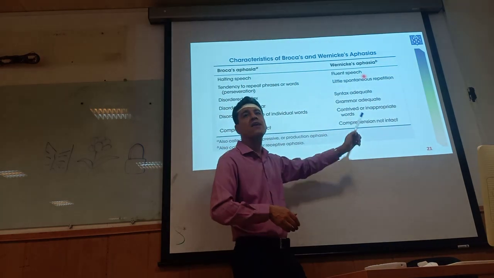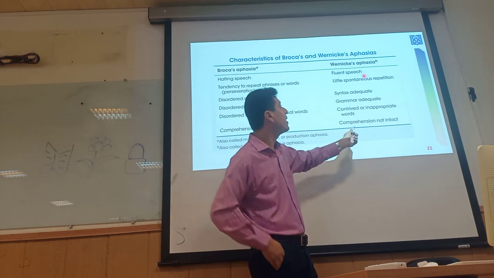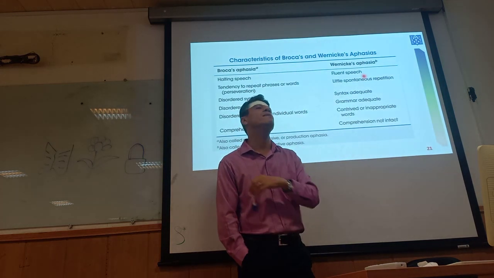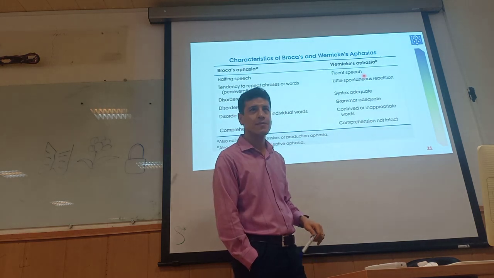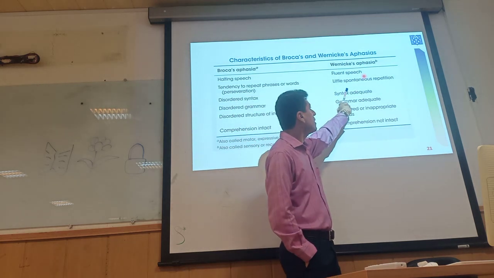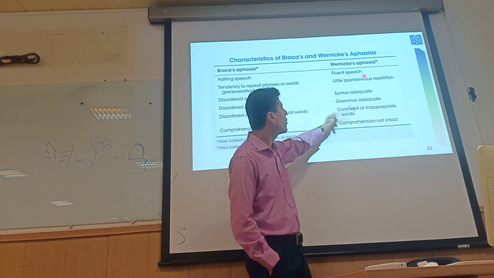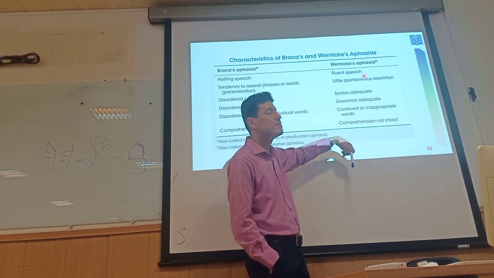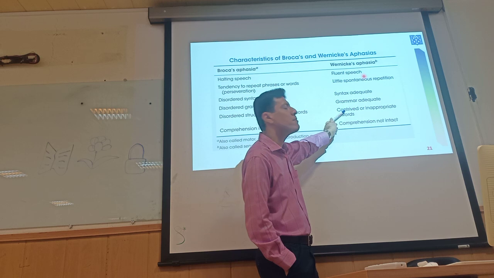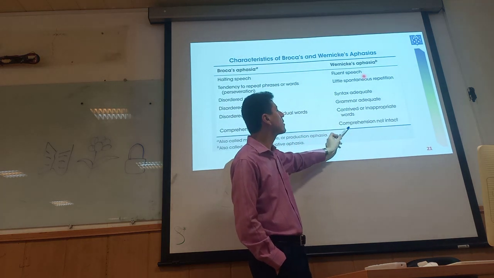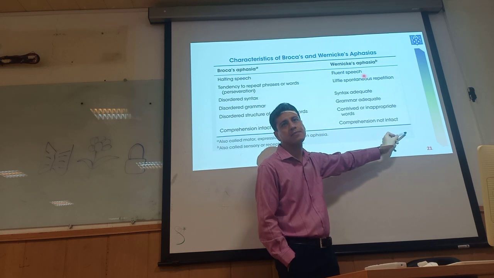But Wernicke aphasia. In Wernicke's aphasia, speech is fluent, so the person speaks fluently. There is little spontaneous repetition, syntax is okay, grammar is okay. Sometimes there may be some inappropriate words, but comprehension is not intact.